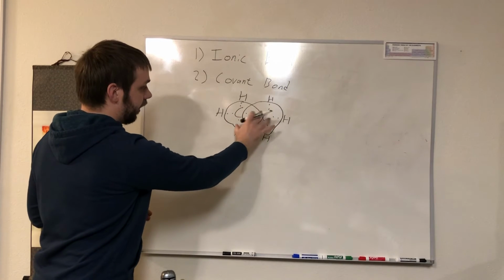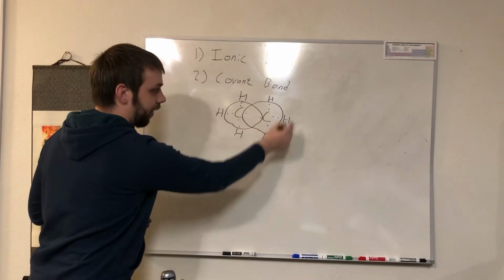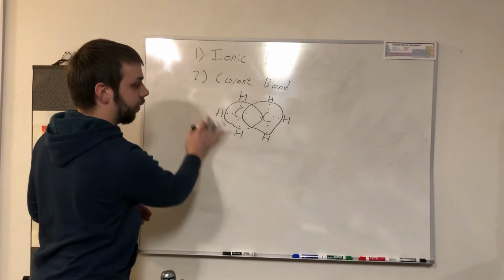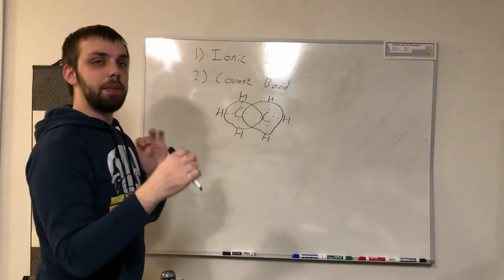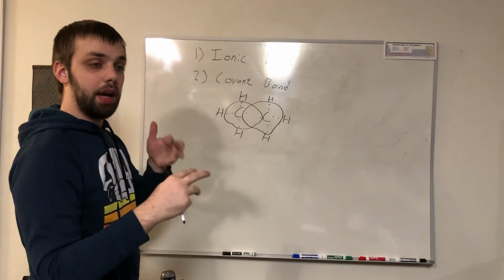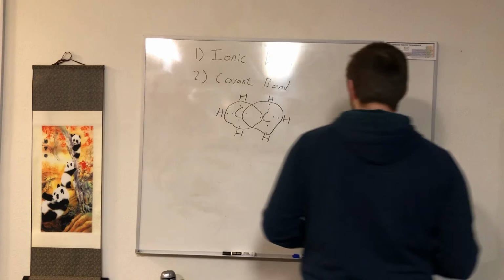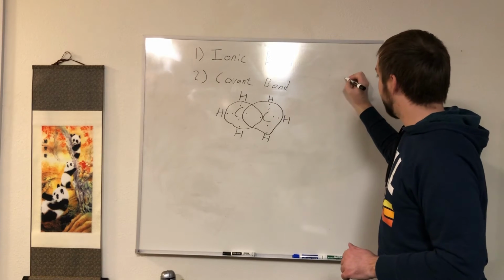This is called a methyl group, and this one is also bound to a methyl group because they're identical. So they're both going to be exerting the same attraction towards that electron. Now, if you remember, there's a concept called electronegativity.